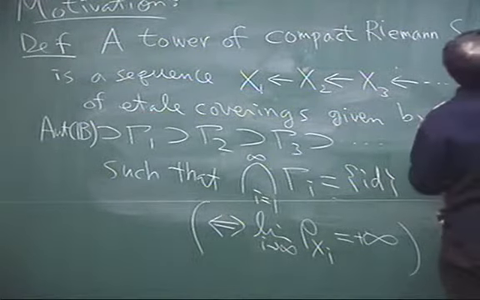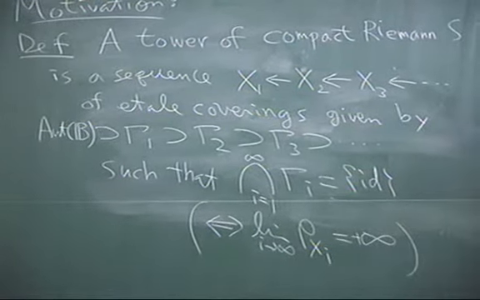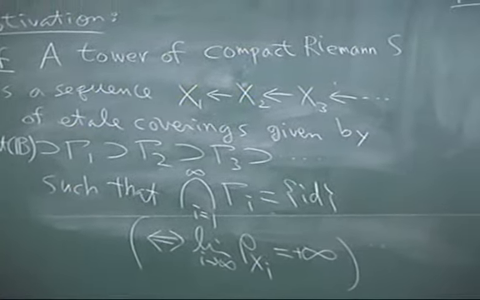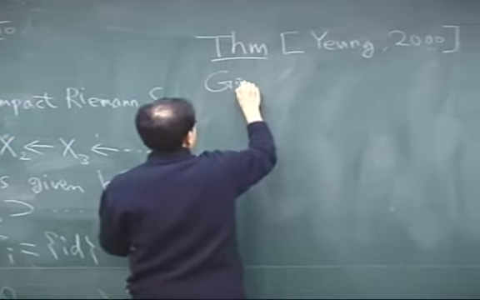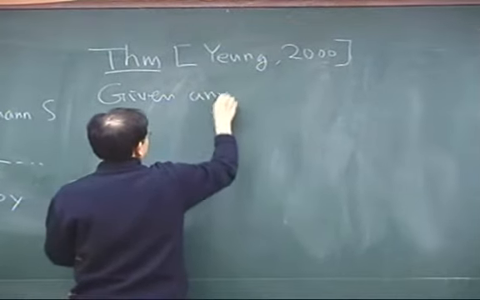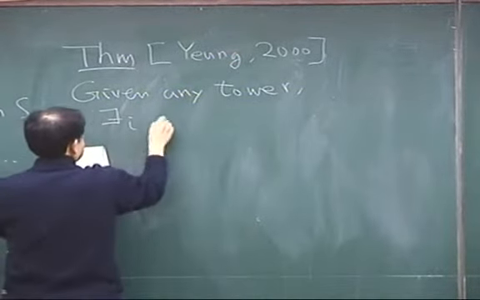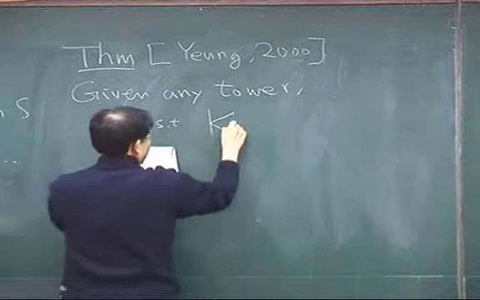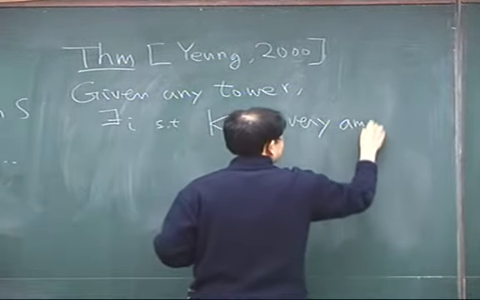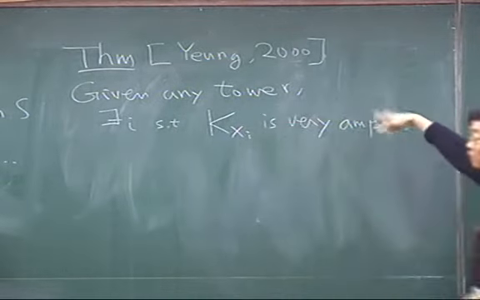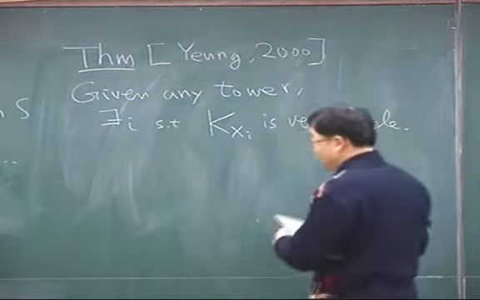Now there was this somewhat curious result of Sai-Kee Yeung in 2000. He says that given any tower, there is some i such that K_{X_i} is very ample. Actually he proved it for a more general situation, for an arbitrary tower of locally symmetric spaces in higher dimension too.